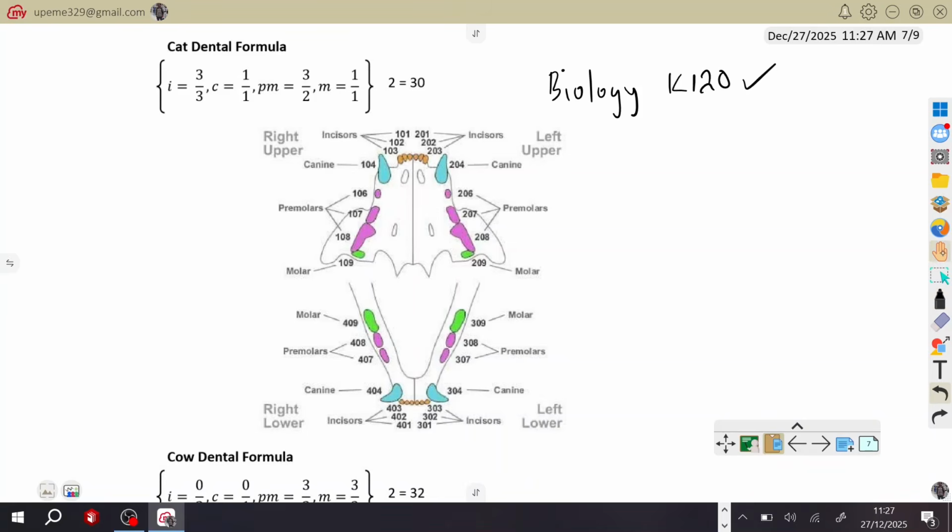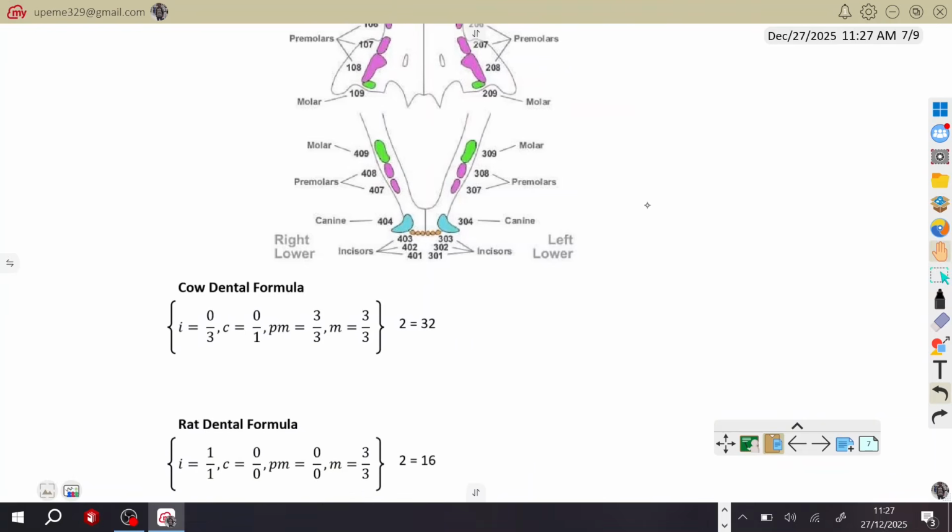Again, we move on to the dental formula for the cow. I didn't put the image here. For the cow, it is different. In terms of incisors, on top nothing, down it has 3. Then canine on top nothing, down 1. In terms of premolars, on top it has 3, down 3. Molars on top 3, down 3. Total 32 teeth.